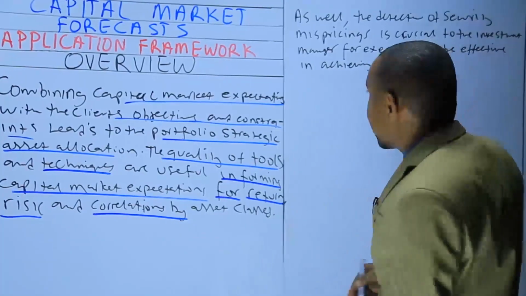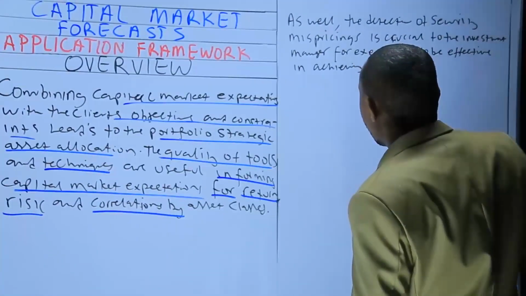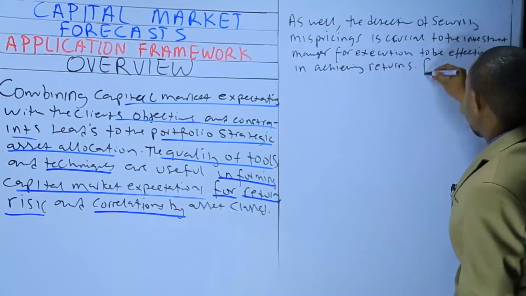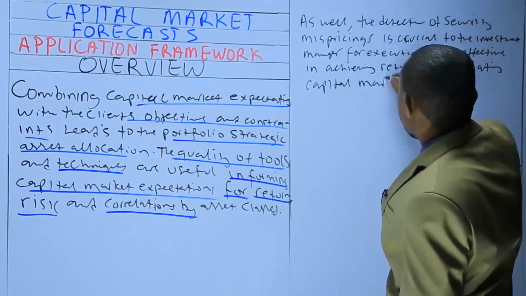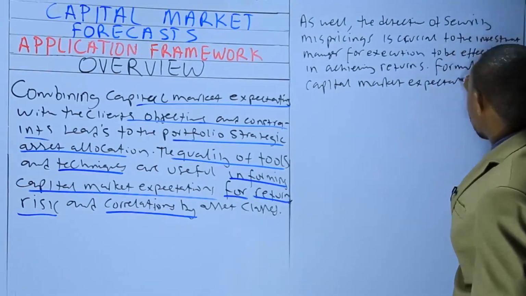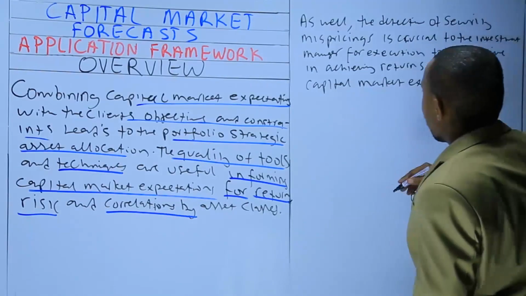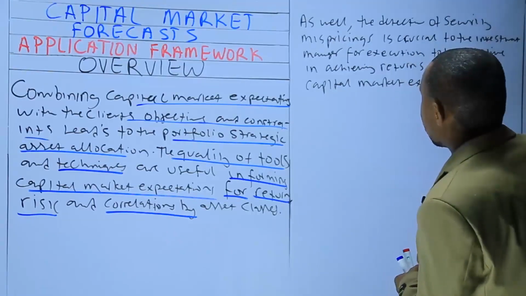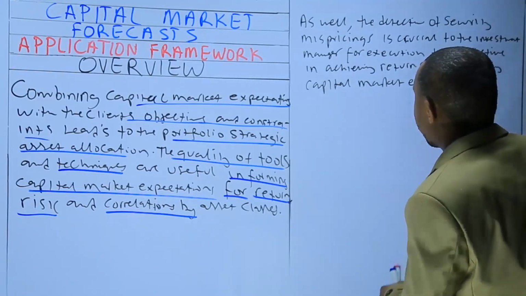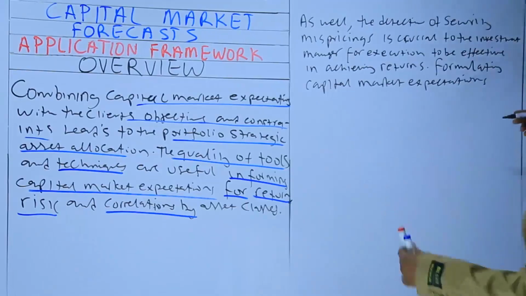We continue and say that formulating capital market expectations, what we can term CMEs, is referred to as beta research.